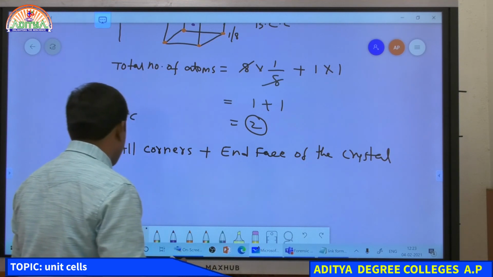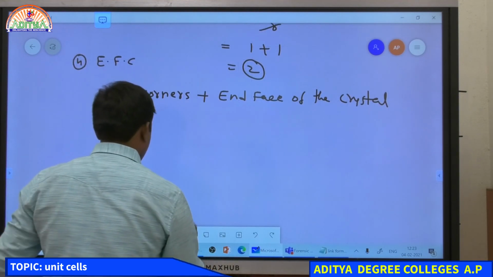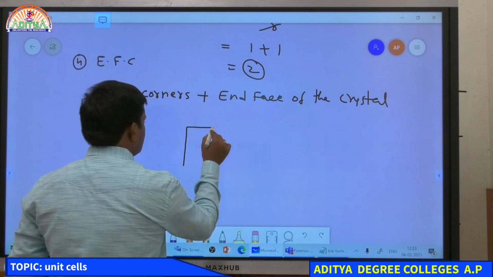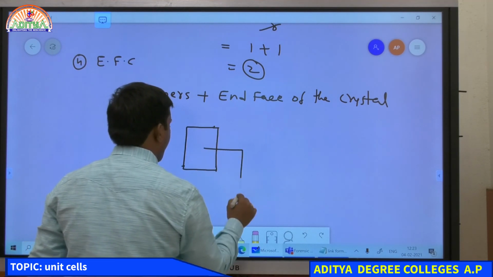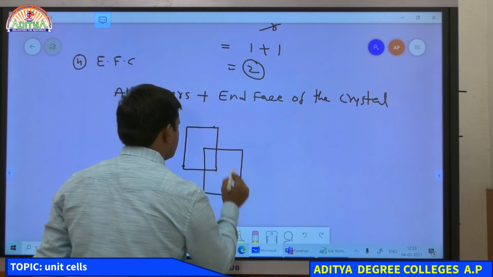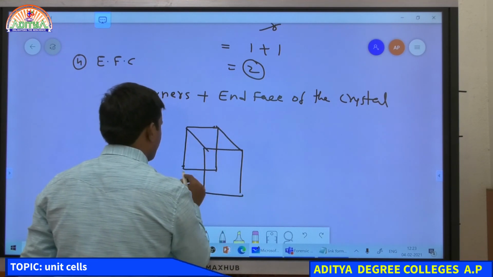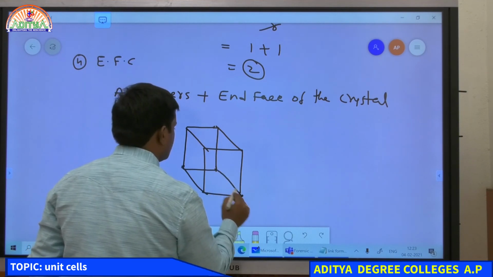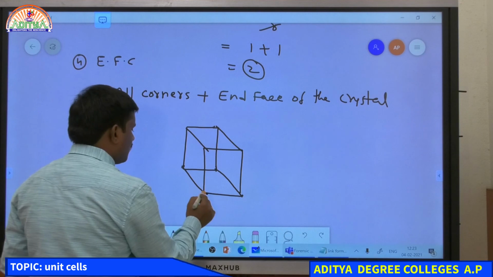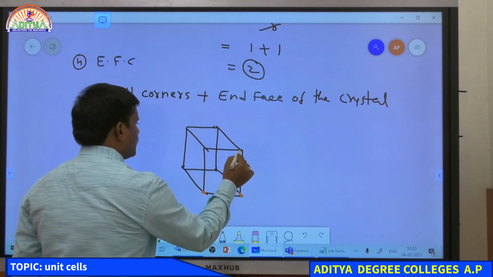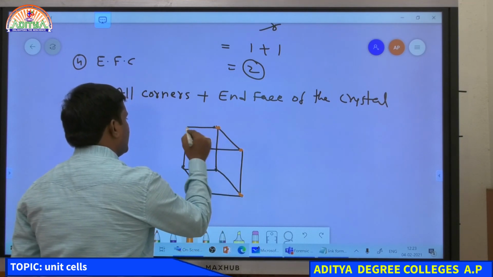So look at the crystal, end face crystal. So this is the crystal. So here the points are arranged at all corners. So like this, 8 points present at 8 corners.